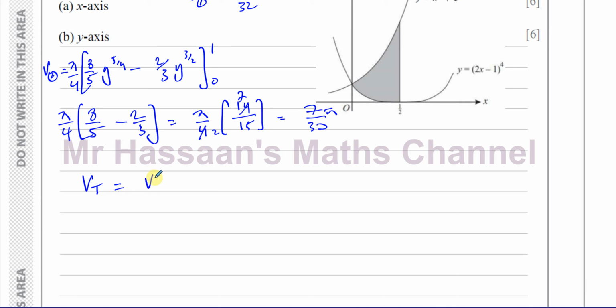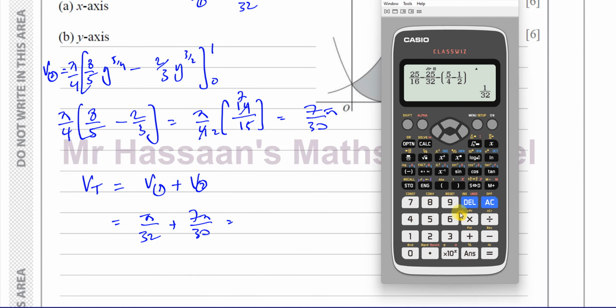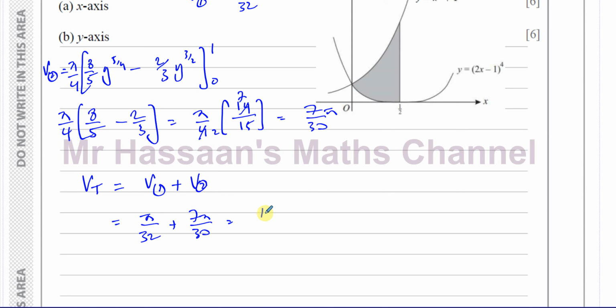So the total volume is volume 1 plus volume 2, which is pi over 32 plus 7 pi over 30. So I'll just do that in a calculator, no problem. So we have pi over 32, so I'll just do it as 1 over 32 plus 7 over 30, which gives us 127 over 480, 127 over 480 pi units cubed.